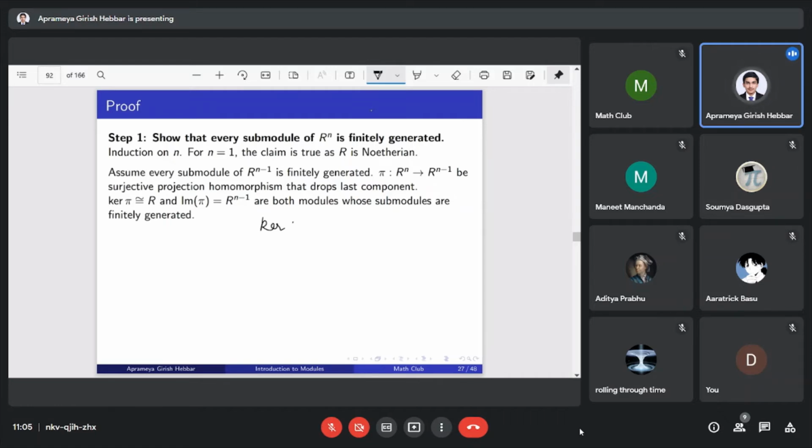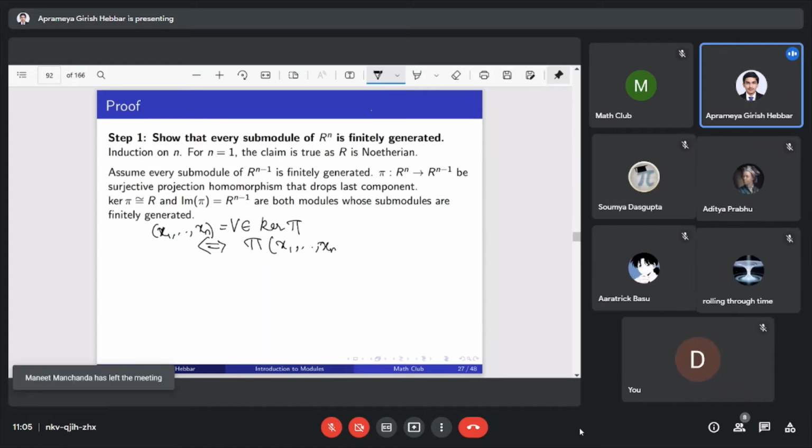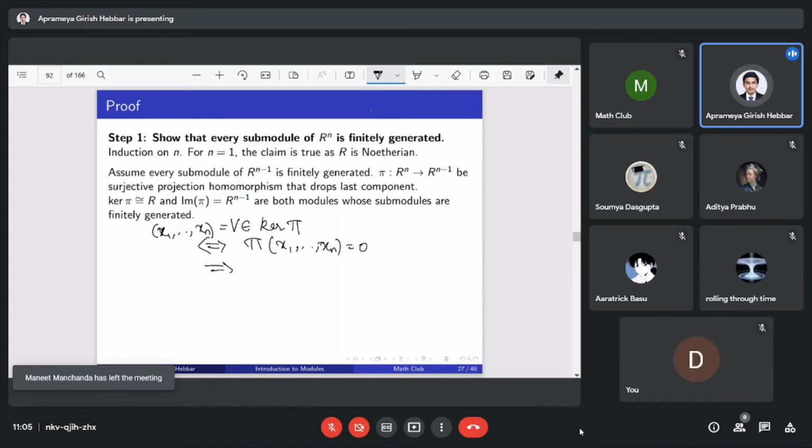Again, let's see kernel pi. Let V be x1 up to xn. It belongs to kernel pi if and only if pi of x1 up to xn is 0. This is if and only if x1 up to xn minus 1 is 0 by the definition of pi, and again this is the 0 vector.